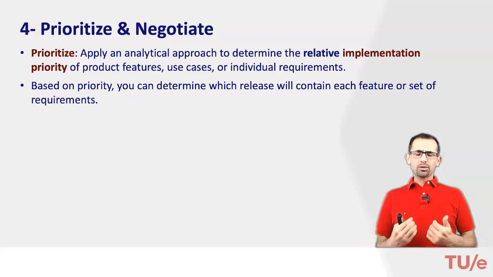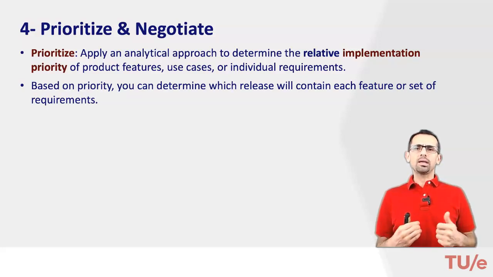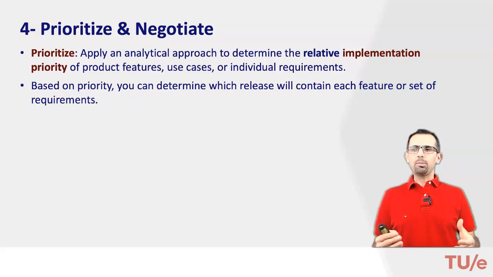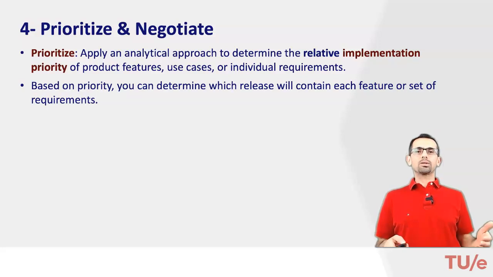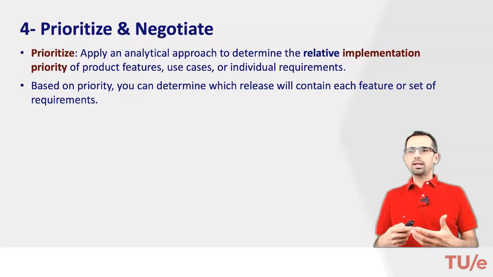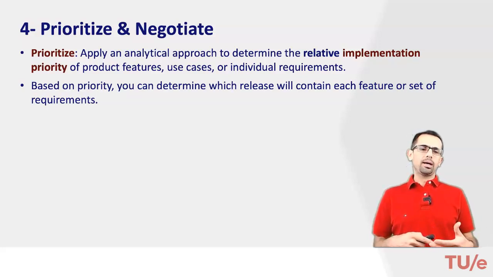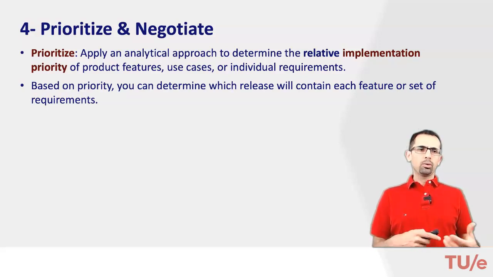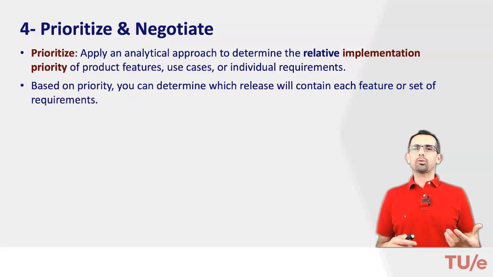So as a good practice, we need to apply an analytical approach to determine the relative implementation priority of product features, use cases, or individual requirements. We should be as objective as possible, using techniques that let us properly prioritize the requirements. This is quite important, because nowadays you don't go with a completely finished version of a product or a service.